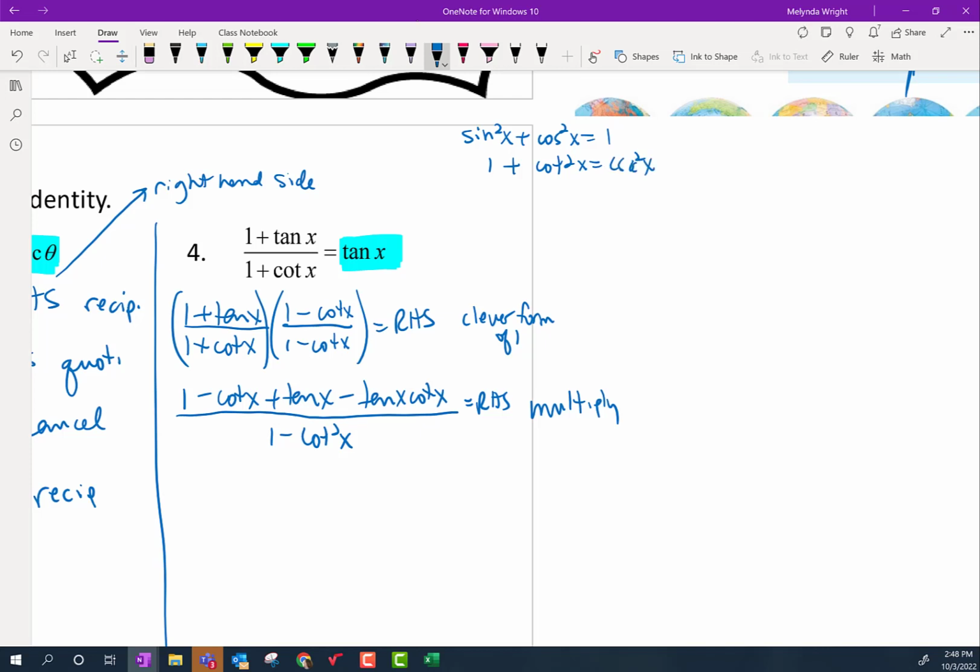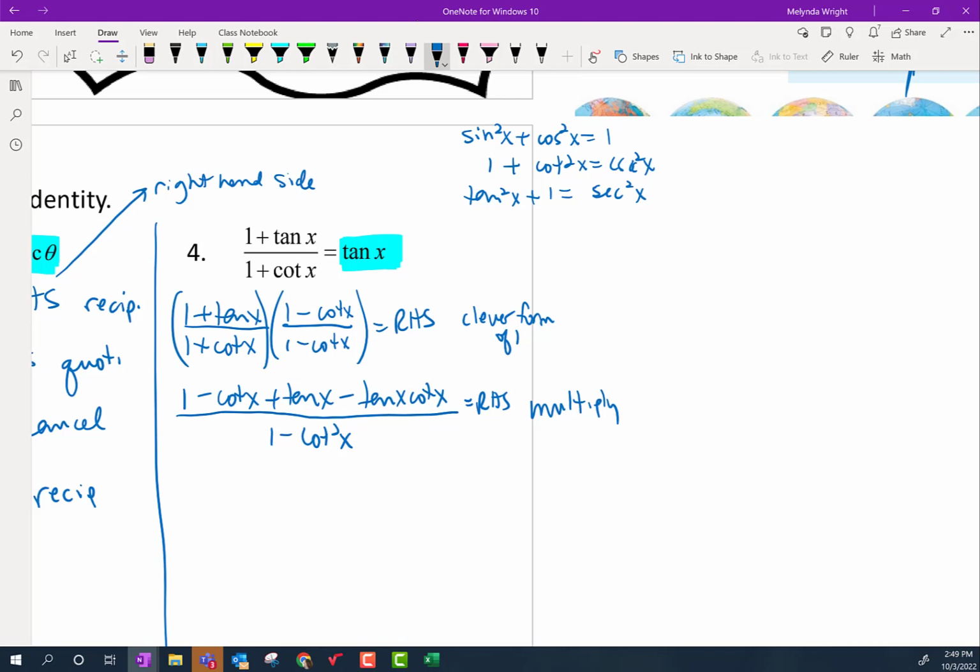Divide everything by cosine squared, and I get tangent squared plus 1 equals secant squared. Okay. So I have a cotangent squared down there, but my formula is 1 plus cotangent squared, not 1 minus cotangent squared. So that seems like a big problem.